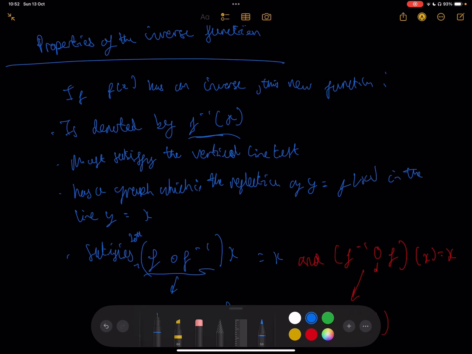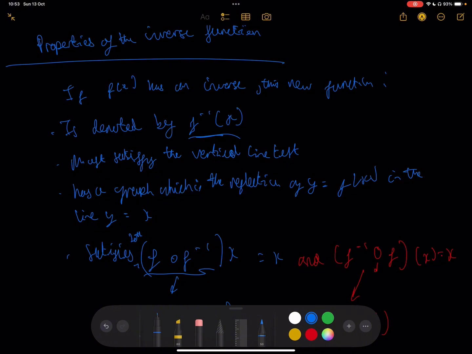So to summarize the properties, if f of x has an inverse function, this new function is denoted by f minus 1x and must satisfy the vertical line test. And it will also have a graph which is a reflection of y is equal to f of x in the line y is equal to x.